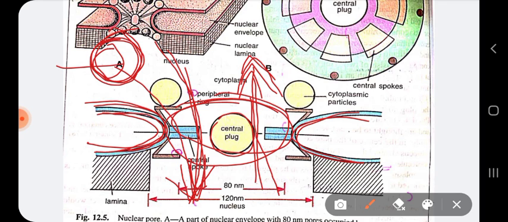Okay, and it is selectively allowing mRNA, tRNA, and ribosomal subunits to be exported from the nucleus to the cytoplasmic matrix, that is the cytosol, and it is allowing the ions, nucleotides, and structural, catalytic, regulatory proteins to be imported from the cytosol to the nucleus.